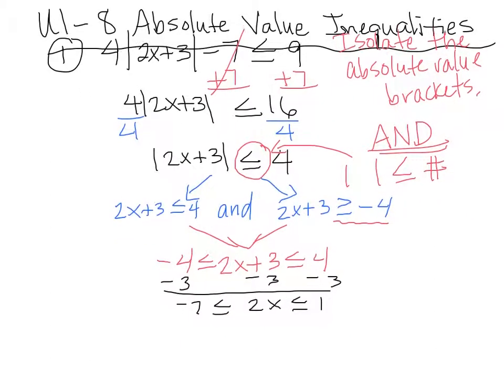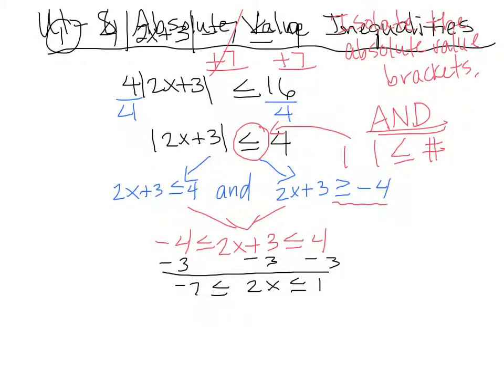And then we divide by 2, and notice we will end up with some fractions, and that's fine. But now we have x by itself, negative 7/2 is less than or equal to x, which is less than or equal to 1/2. And this becomes our answer.